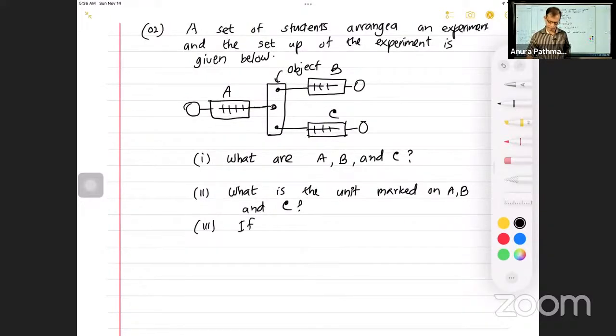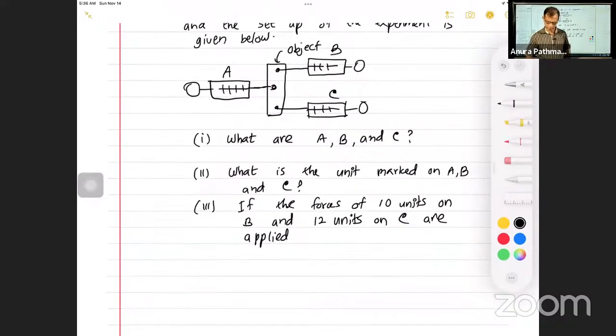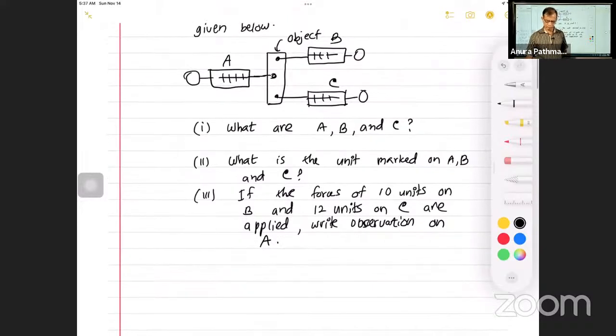If the forces of 10 units on B and 12 units on C are applied, write the observation on A.